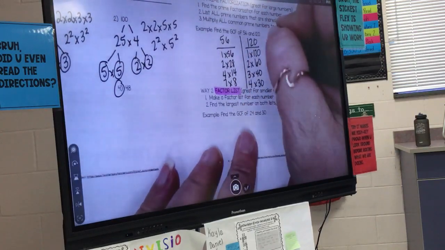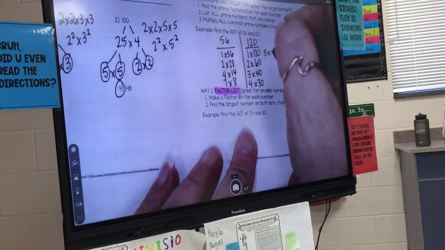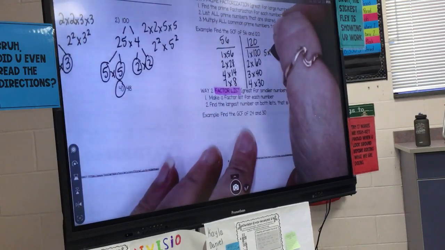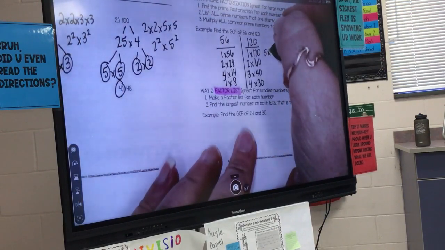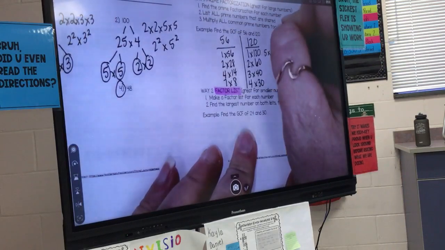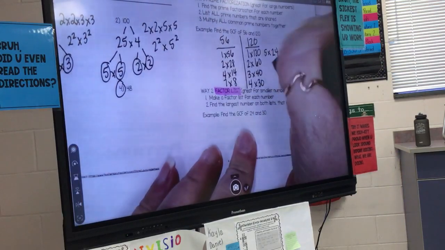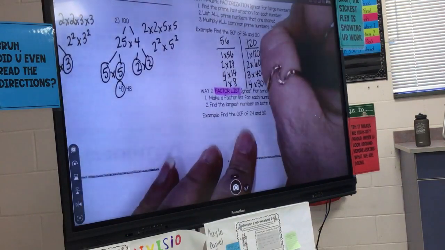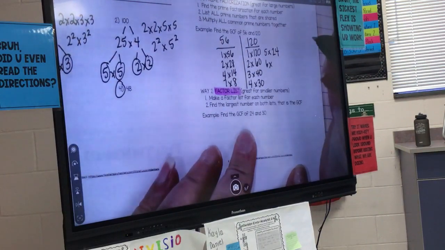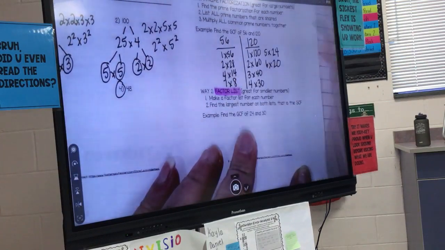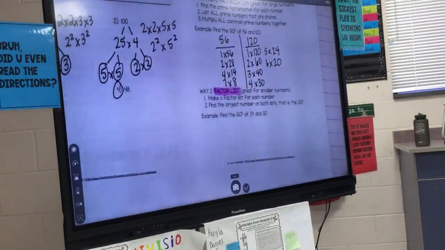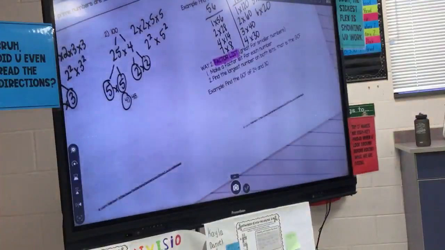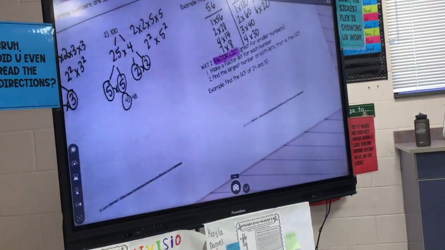Okay. 5 goes in how many times? 24. 6 times 20. Does 7 work? No. Does 8 work? Yes. 8 works. Figure it out.